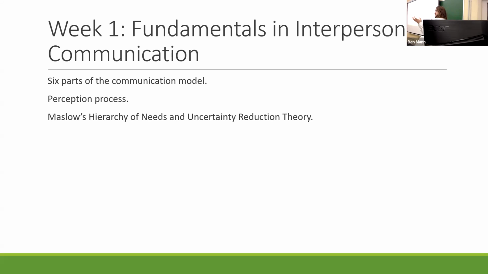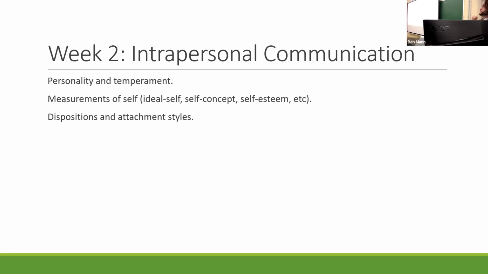We have a lot of safety needs, then we start to get into belonging needs. All of those things are ways that we choose to communicate. And then uncertainty reduction theories, the way that we reduce our cognitive and behavioral uncertainty to communicate in order to better understand and feel safer around other people. So those are some of the major ideas we went over during week 1.